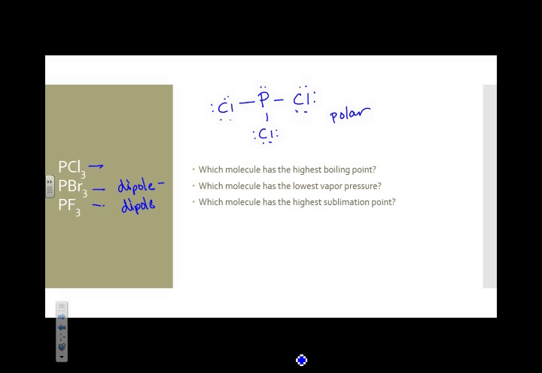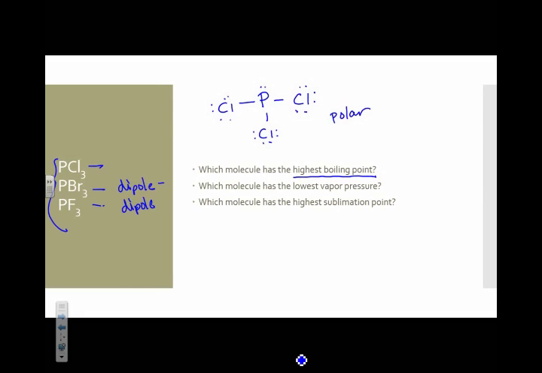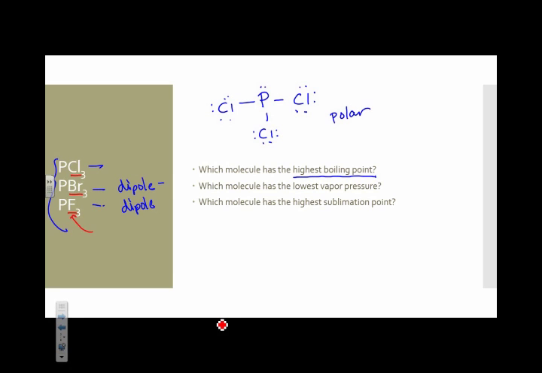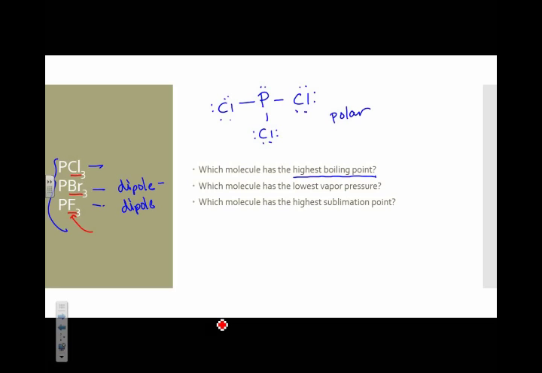So when we're asked which molecule has the highest boiling point, and we're looking at these three, the question becomes, who has the strongest intermolecular attractive force? Well, when we look at chlorine and bromine and fluorine, we know that fluorine is the most electronegative of those three. We know that bromine is the least electronegative of those three.